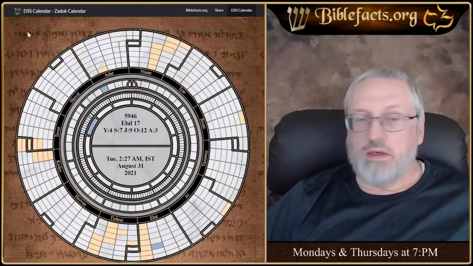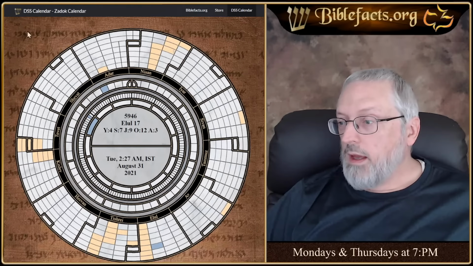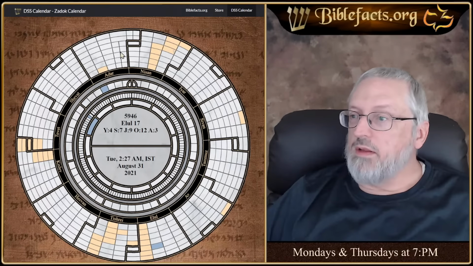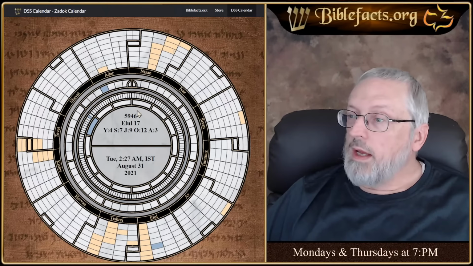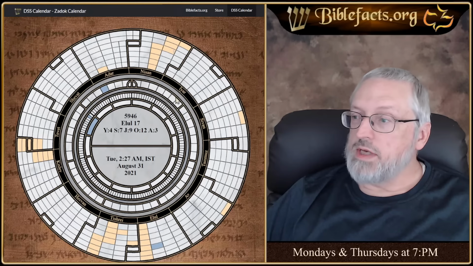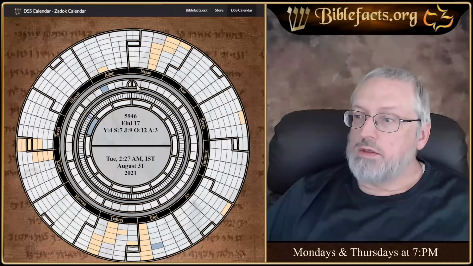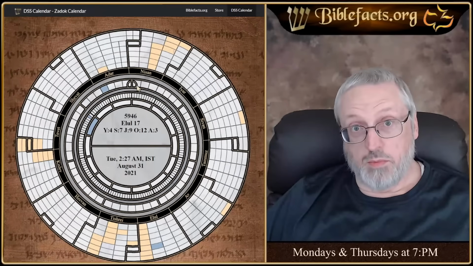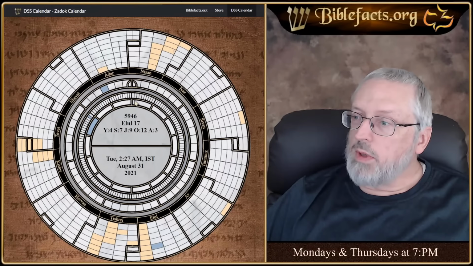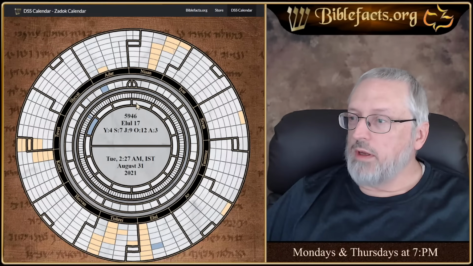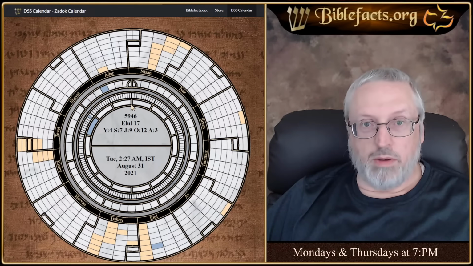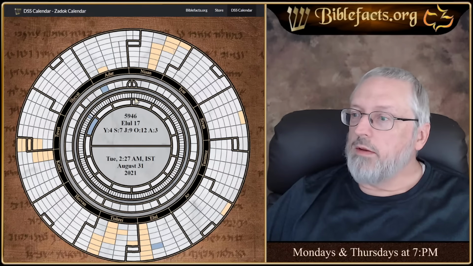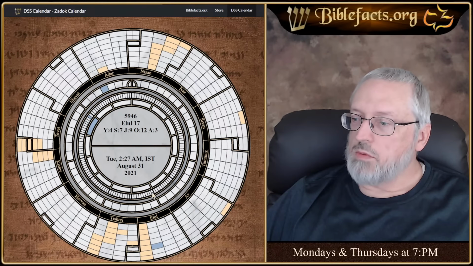This is the complete Zadok calendar, and it looks kind of ominous, but basically the outer circles are the months and days, and the inner circle, the center circle, is actually the Jubilee counter. So the years and the Shemitahs and the Jubilee. And this one you will recognize from having not 7, but 14 500-year periods, or onas, and then the Jubilees in each one of those.